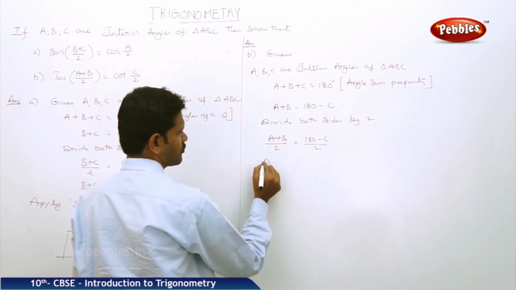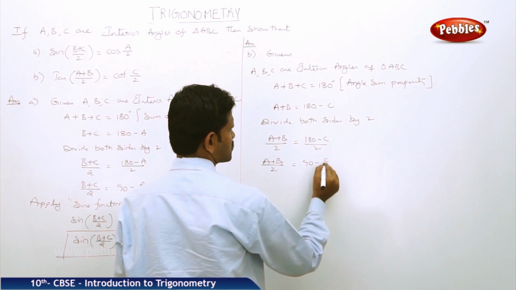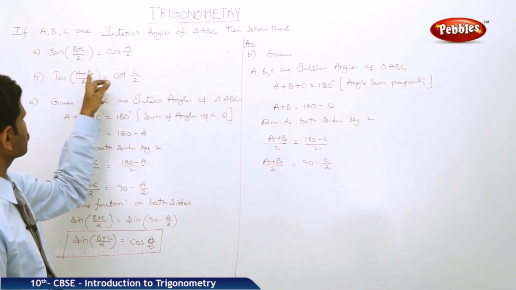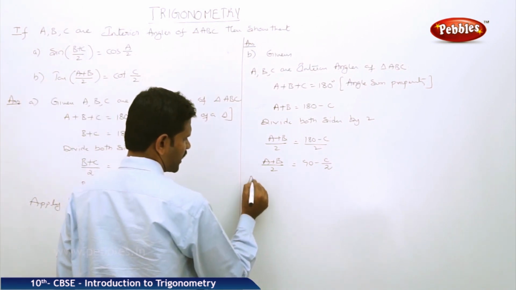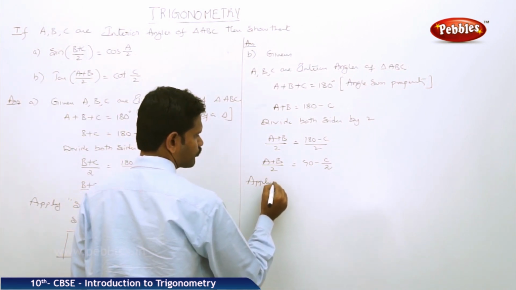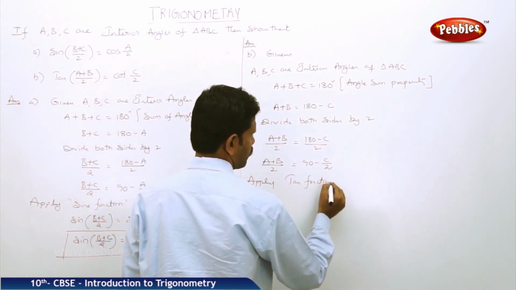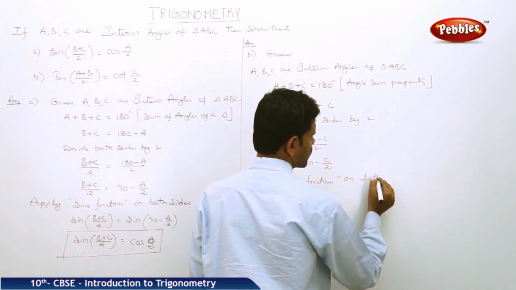That is, (A plus B) by 2 is equal to 90 minus C by 2. In the question, (A plus B) by 2 is associated with the tan function. That is, apply the tan function on both sides.